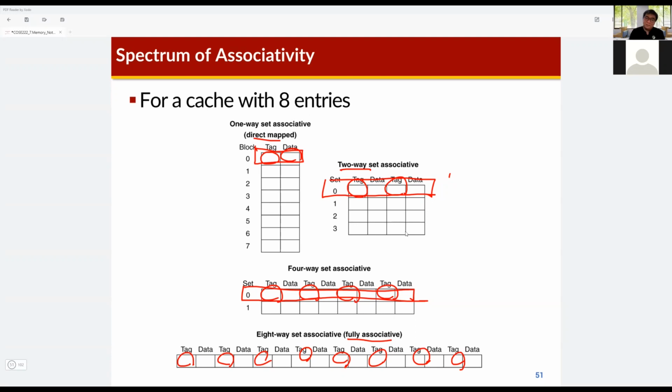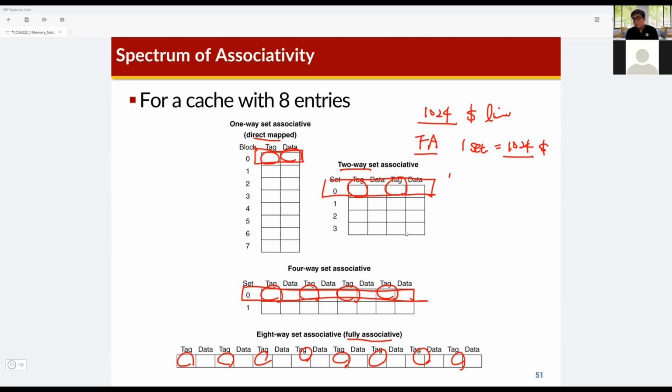Okay, so that means if a cache has 1024 cache lines, then in the fully associative cache, one set includes these 1024 cache lines.